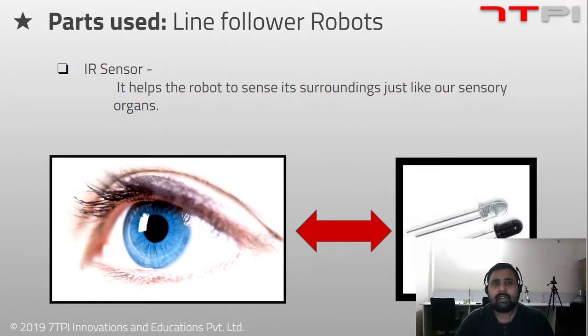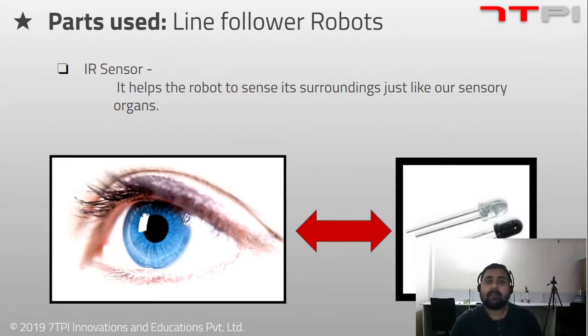Let's say there is a fire at some place and we are nearby. What will happen? Our skin will feel the warmth of the fire. Then it will send a signal to our brain, and our brain will instruct: this is dangerous, you have to come back. So we automatically move back, right?